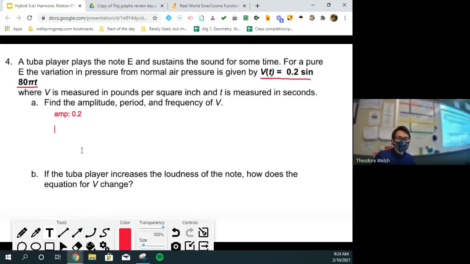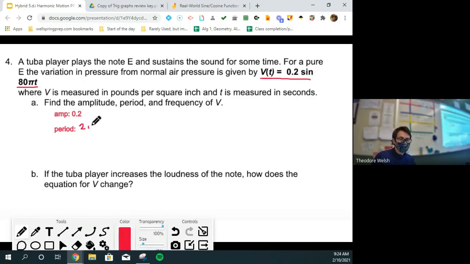And period, we find by taking 2 pi over our b value. So our b value here is 80 pi. So we'll have 2 pi over 80 pi.